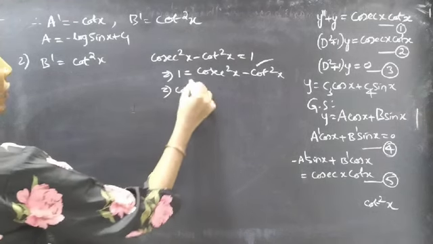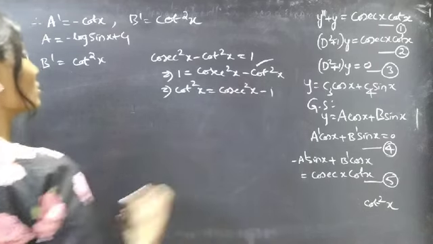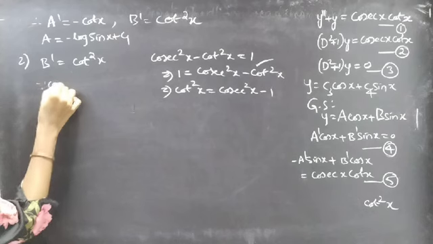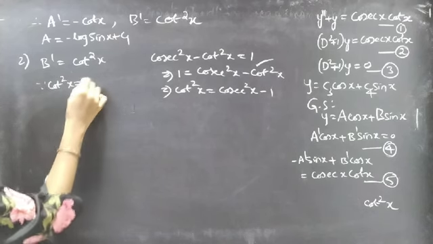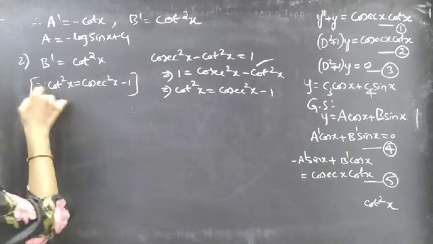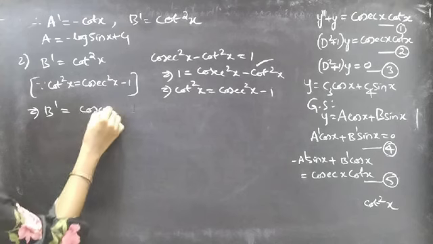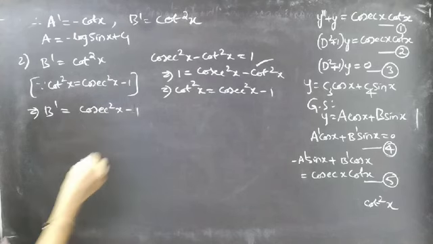We'll get cot square x equals cosecant square x minus 1. Since cot square x equals cosecant square x minus 1, the above equation becomes b dash equals cosecant square x minus 1.